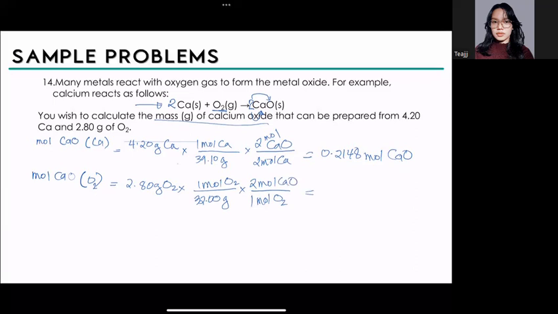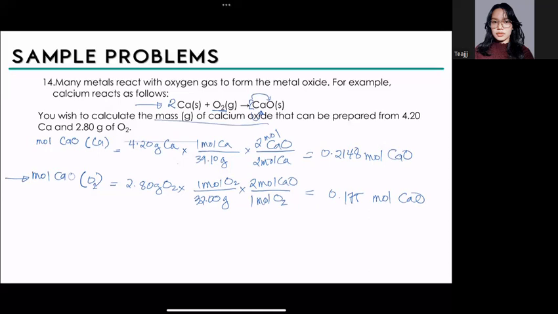So if you put that into the calculator, that will be 2.80 times 2 divided by 32. So the final answer will be 0.175 moles of calcium oxide. Klarong-klaro na kung saan yung limiting reactant natin. So oxygen gas is our limiting reactant.